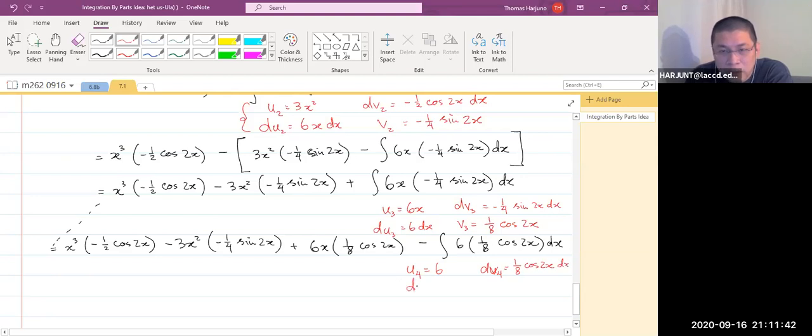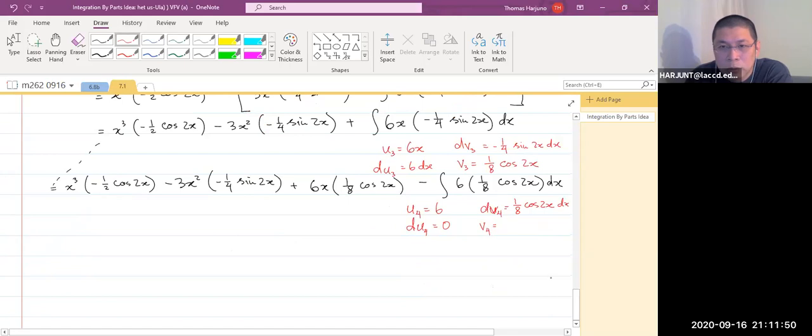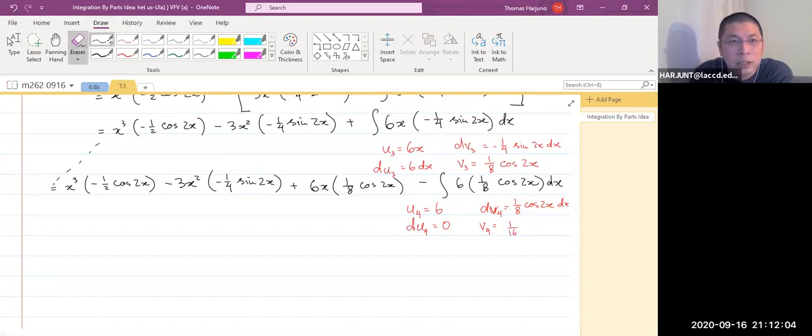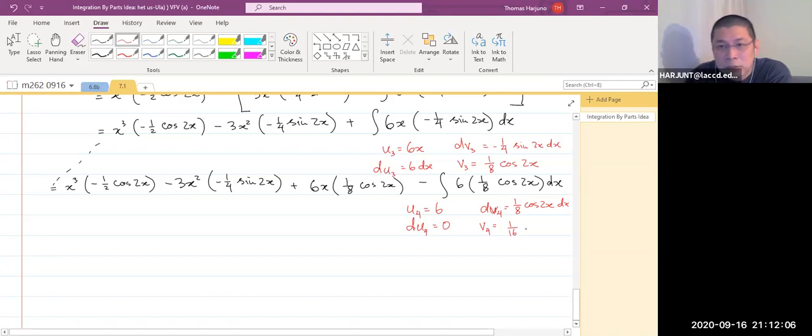The derivative of u4 is 0, while phi 4 equals the integral of this, which is negative 1/16. No, actually positive. Positive 1/16 sine 2x.